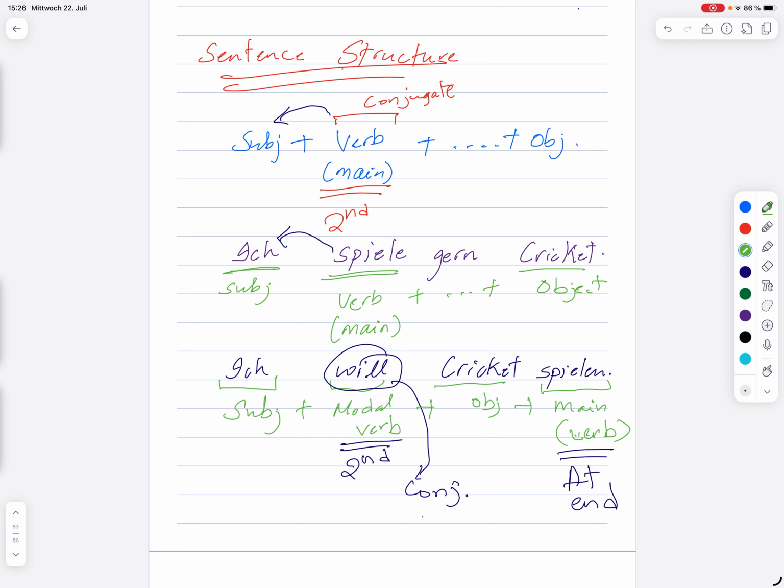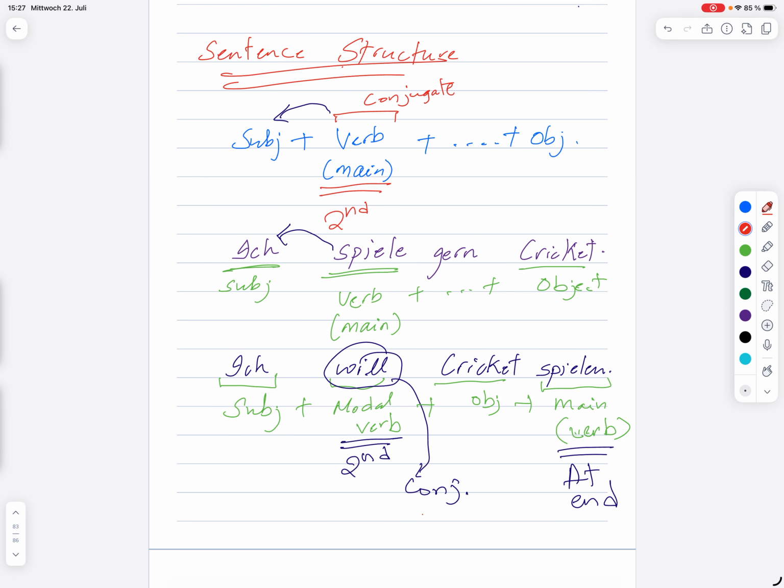So if you have a normal verb, then you have the verb always at the second position, and that is conjugated: Ich spiele gern Cricket. But when you use a modal verb, the modal verb comes to the second position, and the main verb goes at the end, and the modal verb is getting conjugated. So Ich will Cricket spielen. I want to play cricket, right?